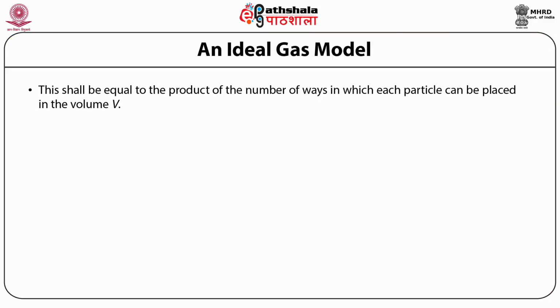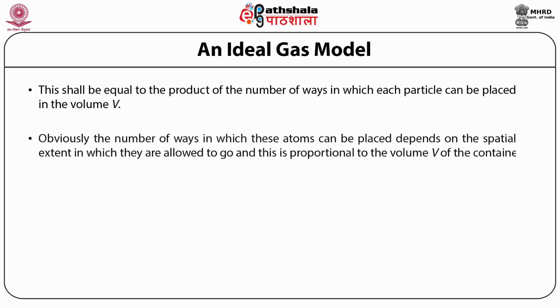This shall be equal to the product of the number of ways in which each particle can be placed in the volume V. The number of ways in which these atoms can be placed depends on the spatial extent in which they are allowed to go, and this is proportional to the volume V of the container.